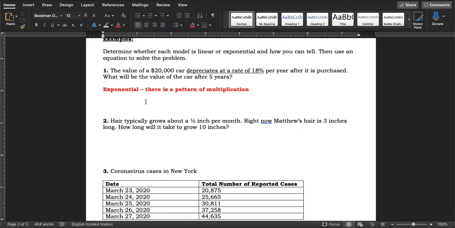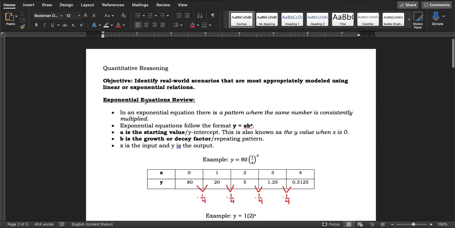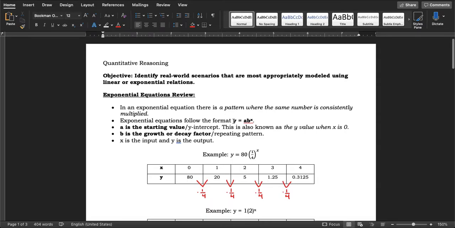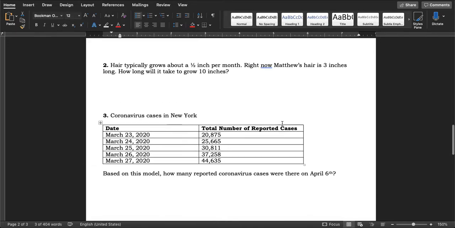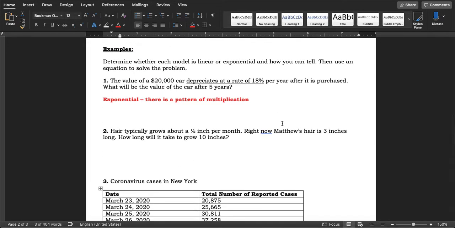So the tricky part about writing exponential equations is that when you're increasing or decreasing the numbers by a percentage, this basic format does not really work, because technically 18% is not the decay factor.